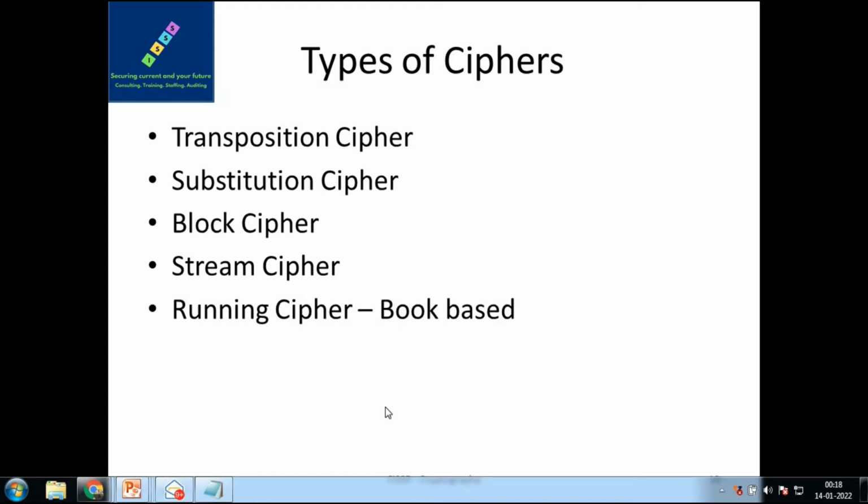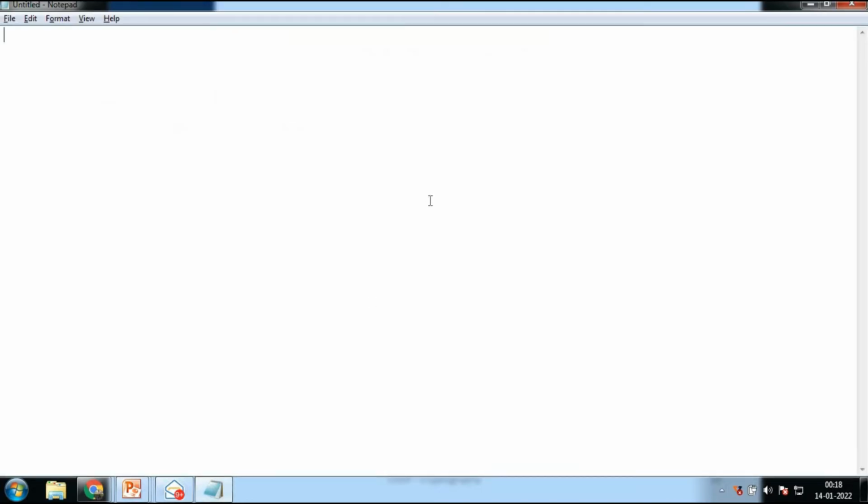Coming on to what is called a substitution cipher and transposition cipher. Substitution cipher, as the name says, you are going to substitute the plain text with something else. Take "attack at dawn" as the plain text, PT, assuming that I am using a key of +3.